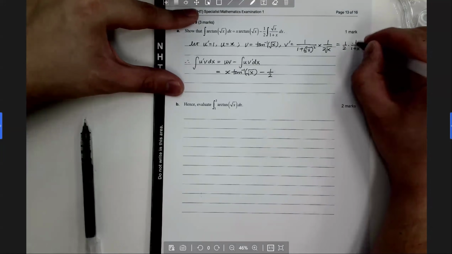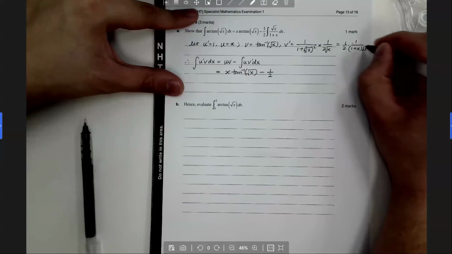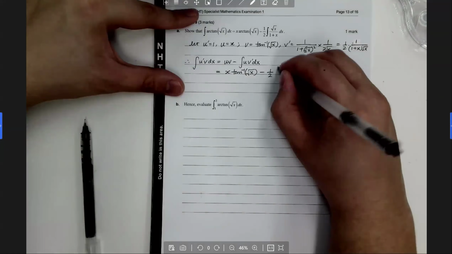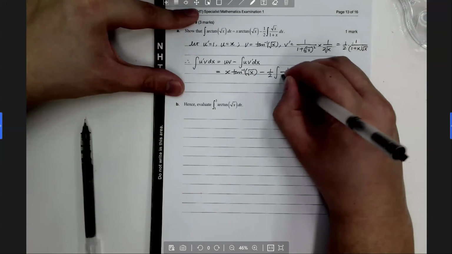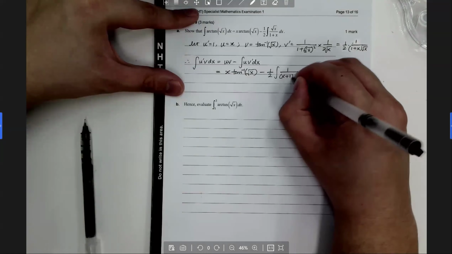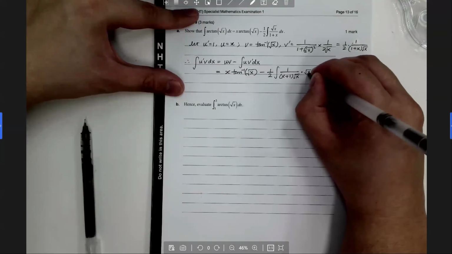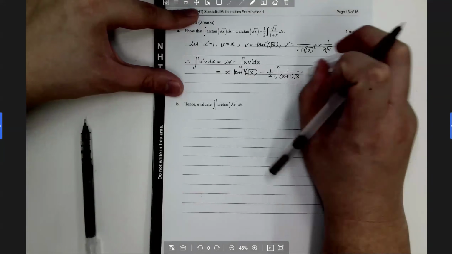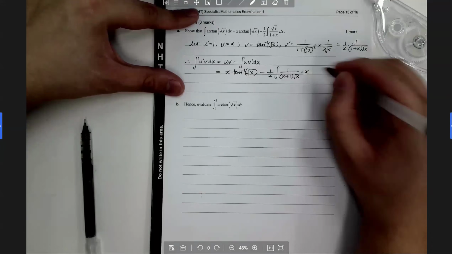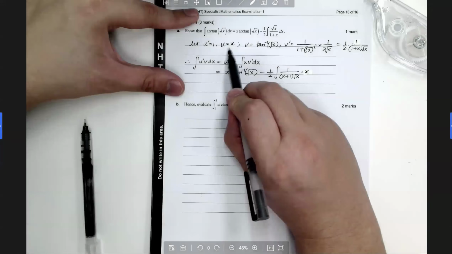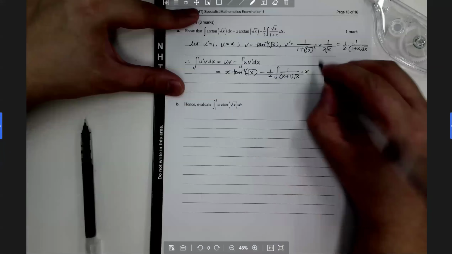This is actually 1. This is a root x here. We have a half indeed, but then we have 1 over x plus 1 root x times x, because that is my u times v dash dx.